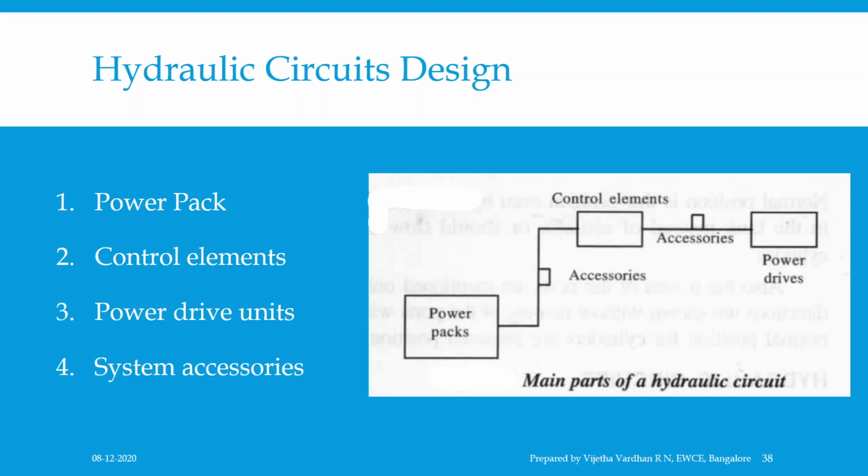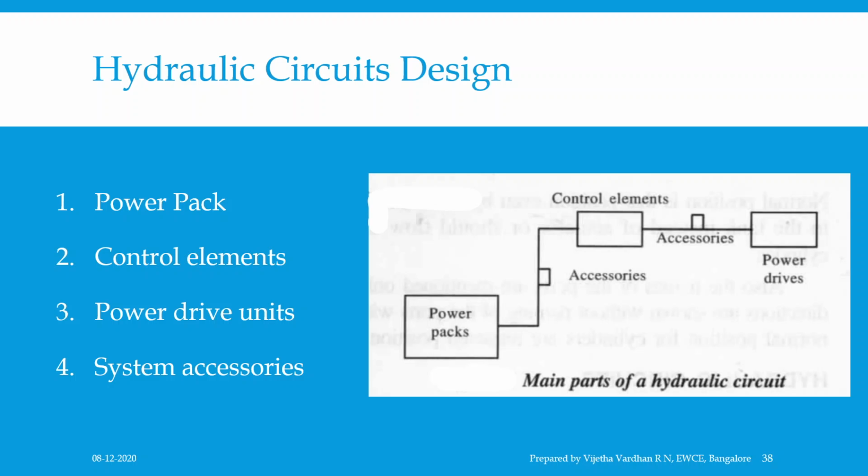System accessories include general elements such as hoses, pipes, fluid conductors, filters, and may also include special accessories such as accumulators, power boosters, heating and cooling systems, additional safety devices, etc.